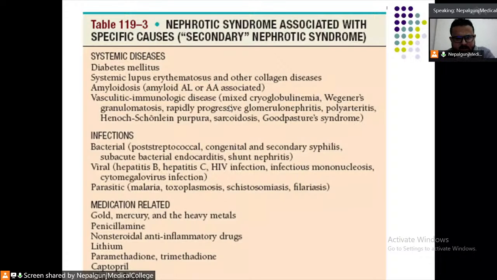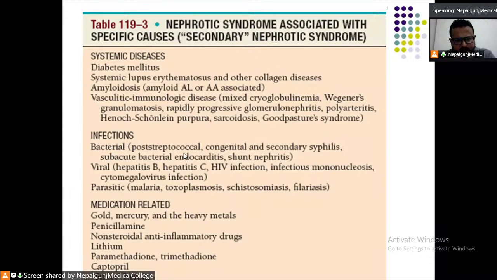So these are the vasculitis syndromes. They can also involve the renal vessels, and that leads to the development of nephrotic syndrome.